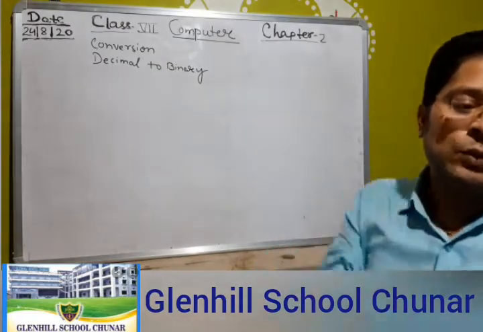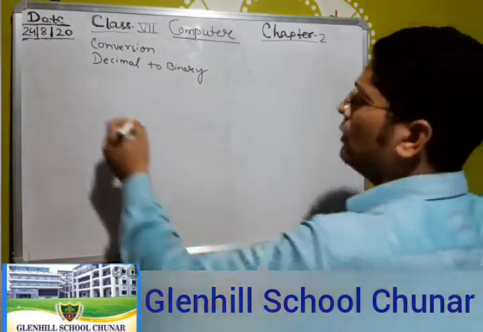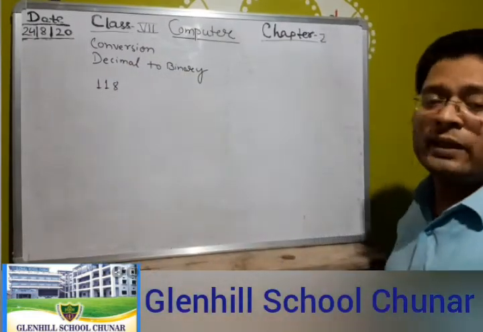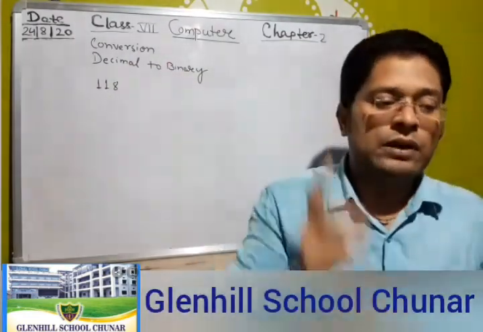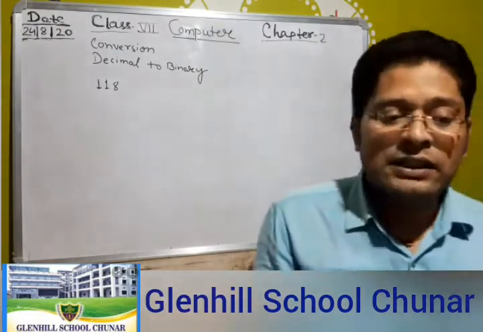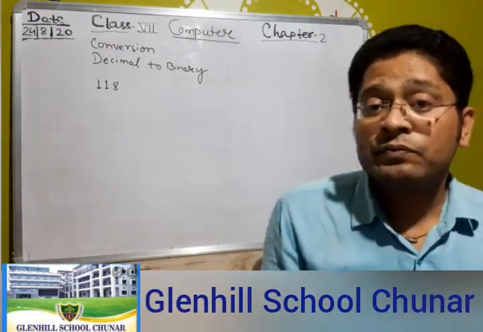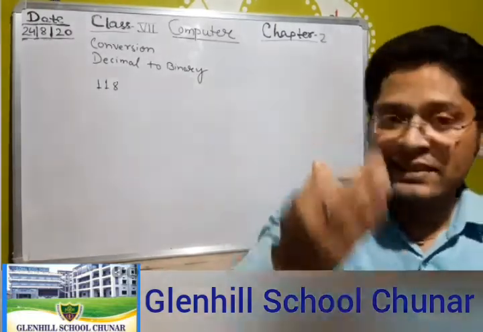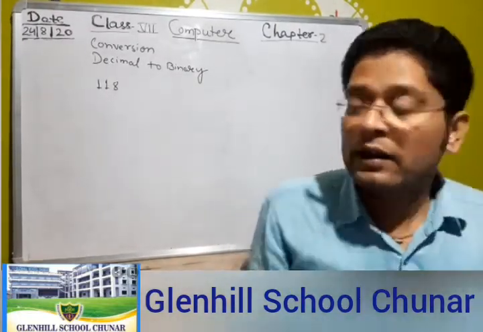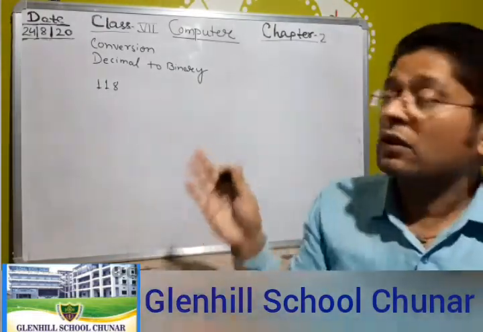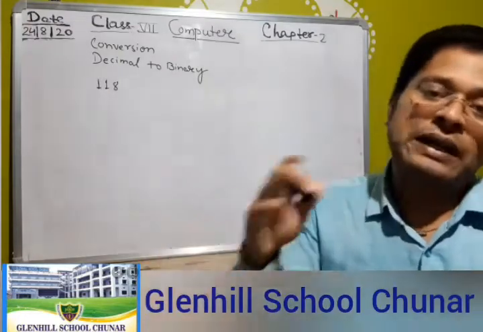Okay, student, suppose the example is 118. This is a decimal number, clear? You have two methods, but the second method is good, because you know how we find the LCM in the math subject. The same condition applies here with decimal to binary.